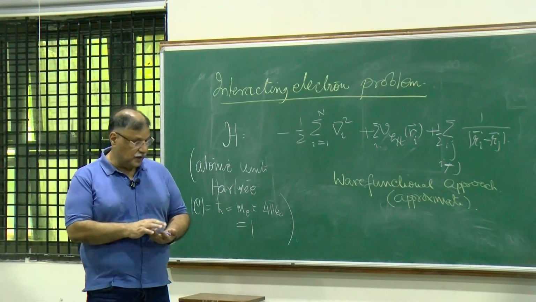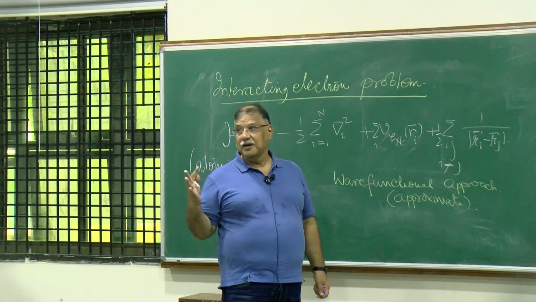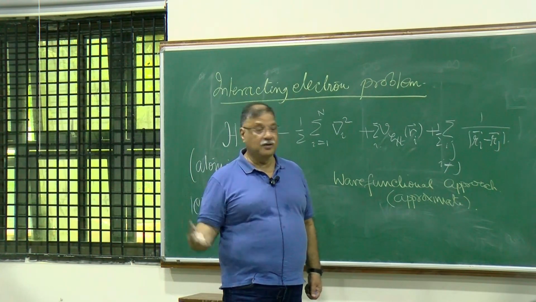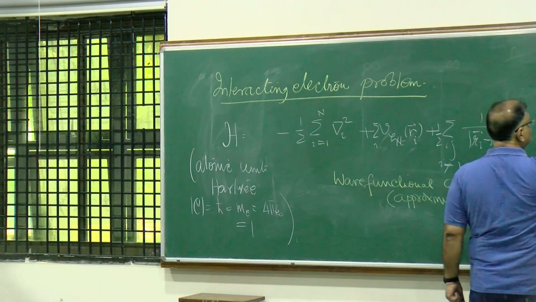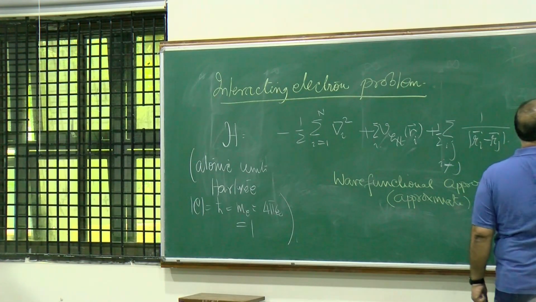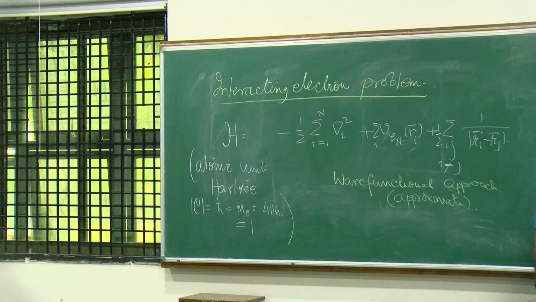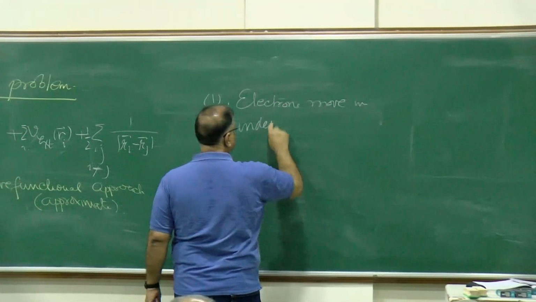What we are going to say is that if these electrons are moving, and by the way, whatever I'm saying can be derived rigorously in a mathematical manner, so I'm just giving you the intuitive picture. So number one, let's assume electrons move in independent orbitals.